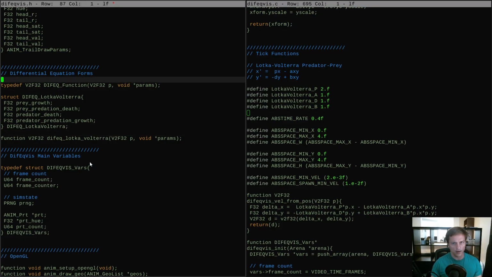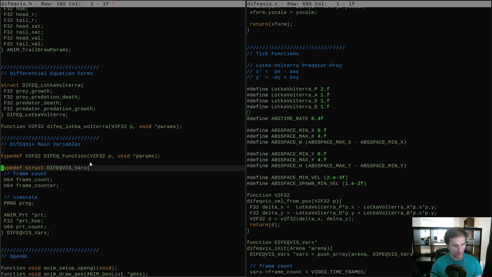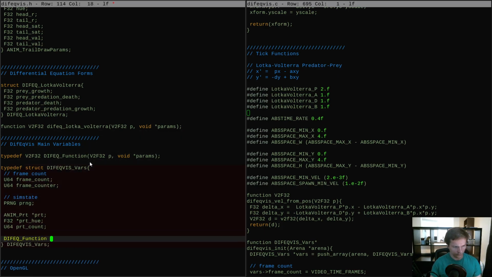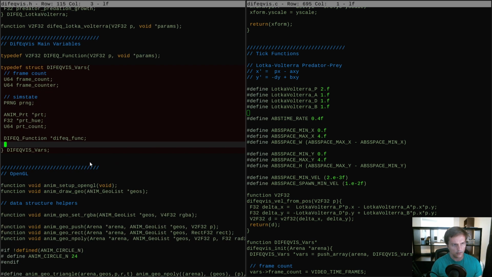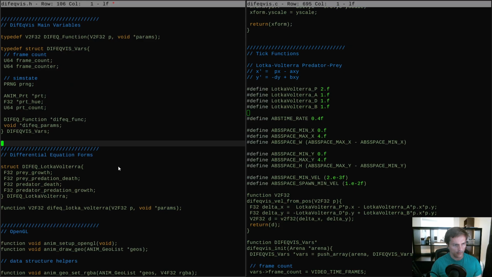And let's drop the diffeq function and diffeq params like this. Drop our forms right here.